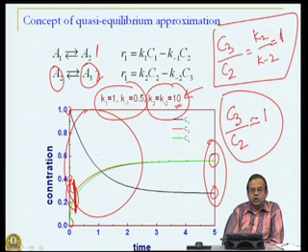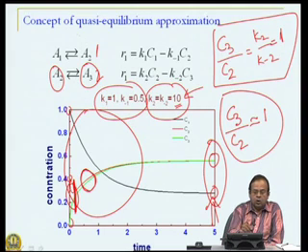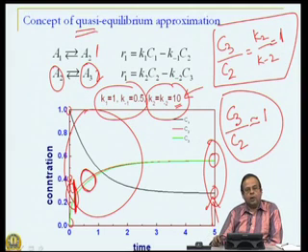So, we have not reached a true equilibrium as what is happening at this particular time. This is an equilibrium only for one set of reaction and not the entire reaction set, and therefore, we call such approximation quasi equilibrium approximation.